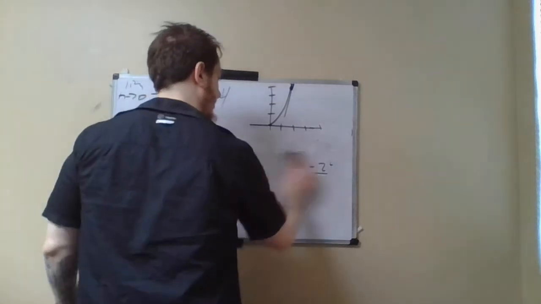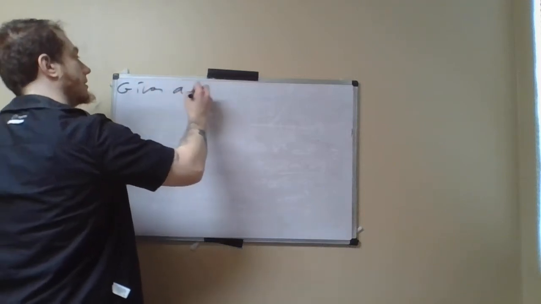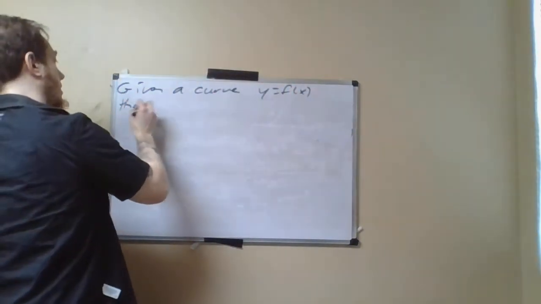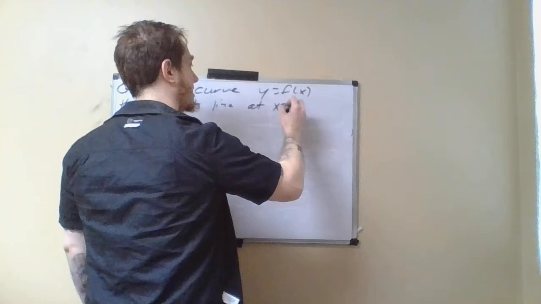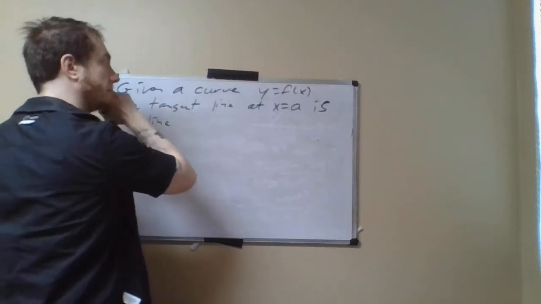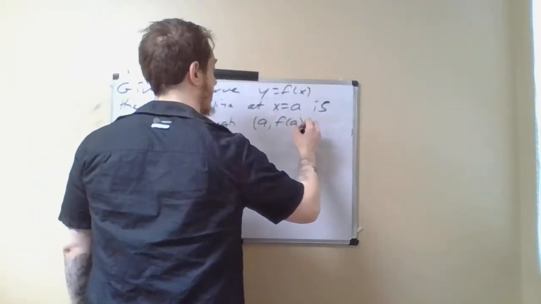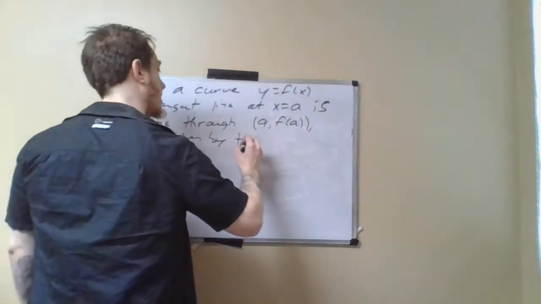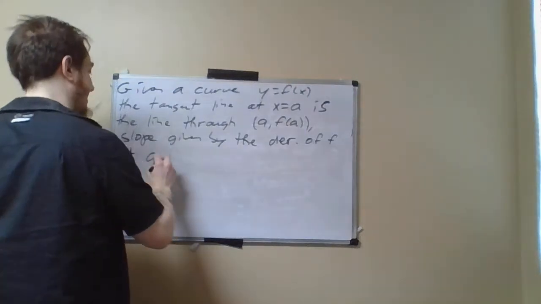So, given a curve y equals f of x, the tangent line at x equals a is the line that goes through the point (a, f(a)) with slope given by the derivative of f at a.